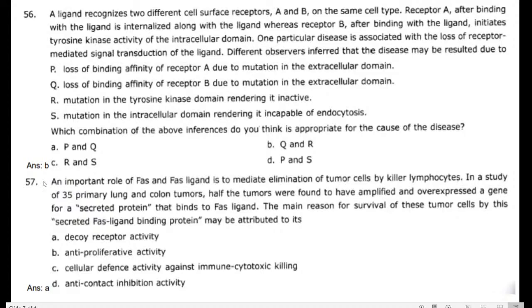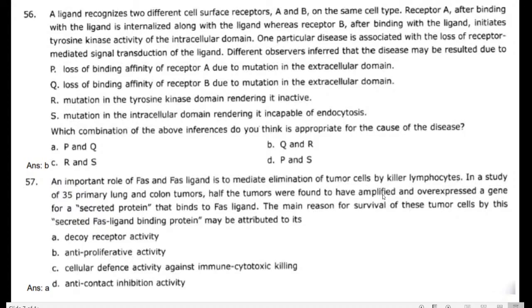Another question: an important role of FAS and FAS ligand is to mediate the elimination of tumors by killer lymphocytes. In a study, 35 primary lung and colon cancers were examined. Half of the tumors were found to have amplified and overexpressed a gene for a secreted protein that binds to FAS ligand.